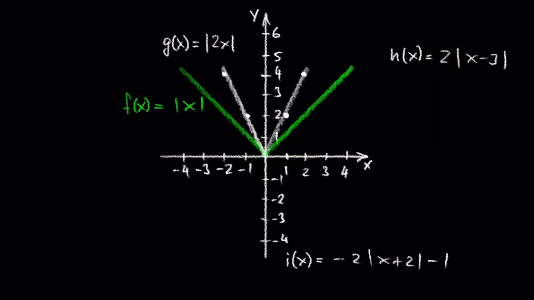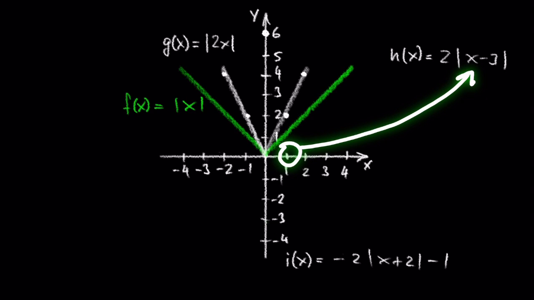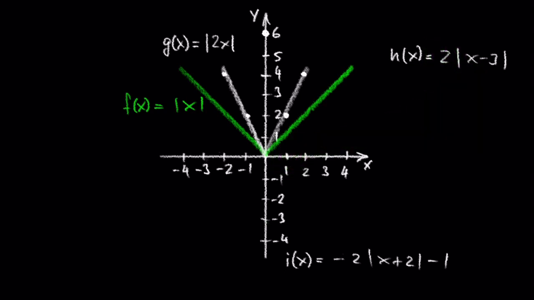So 0, 6 is a point on the graph. Let's plug in a 1 and see what we get. 1 minus 3 is negative 2, and the absolute value of negative 2 is 2. 2 times 2 is 4. So 1, 4 is also a point on the graph.